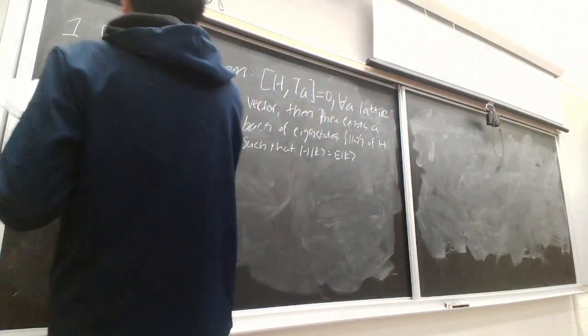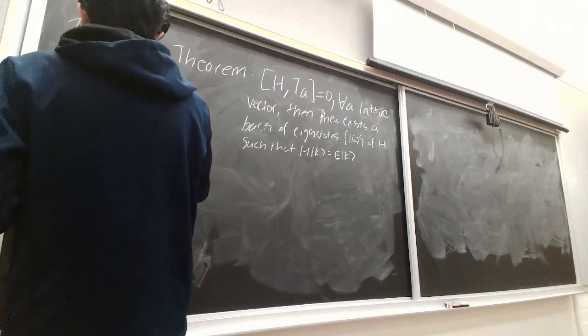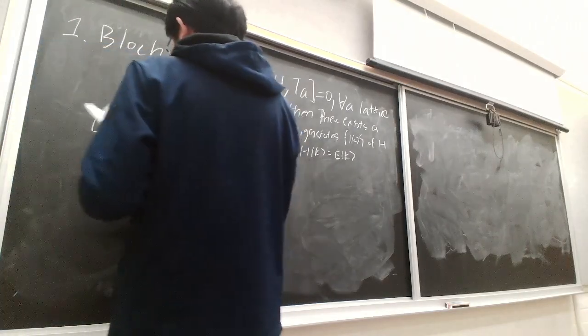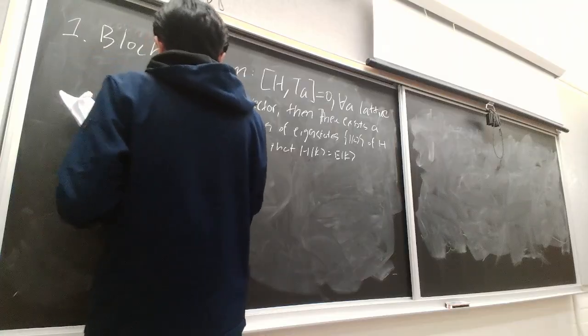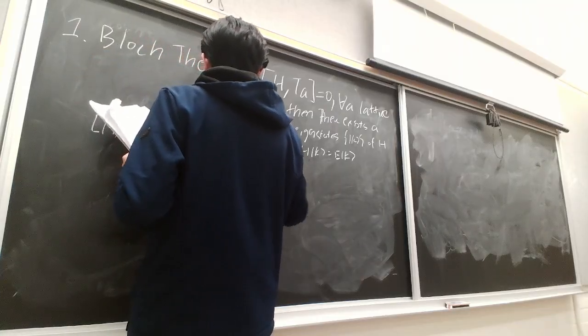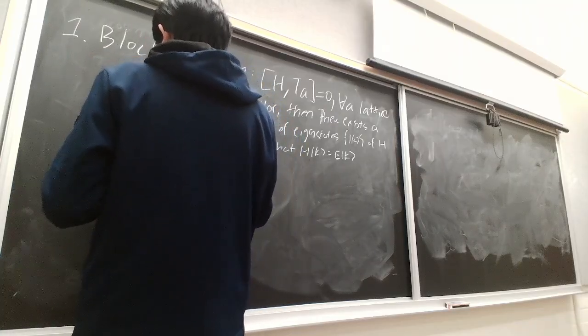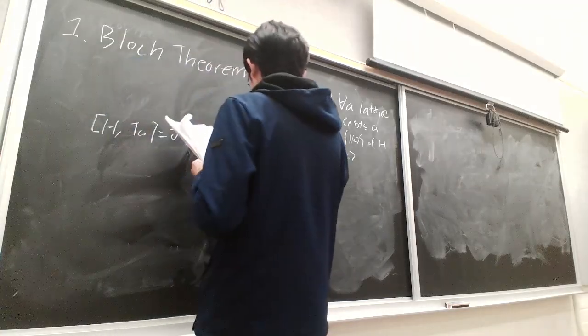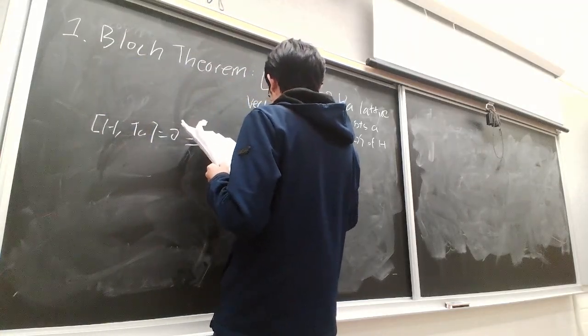And then because of this commutator equals 0, it implies that if you apply the translation operators to the eigenstate, it will get this form.